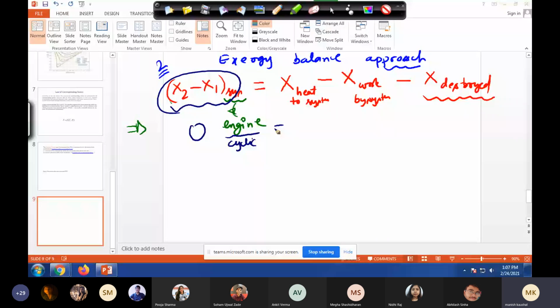If you remember the equation, it's like this: dou Q times 1 minus T naught by T, where T is the temperature of which point? Can anyone tell me? We are not talking about X by heat. T is the temperature of which point?